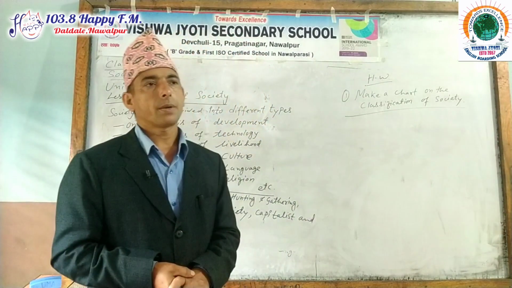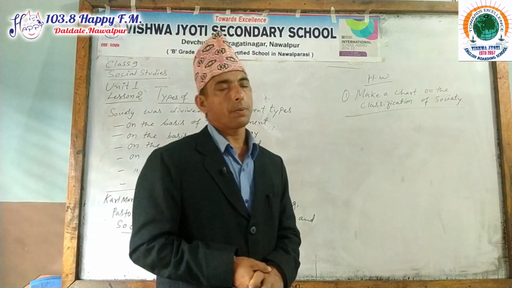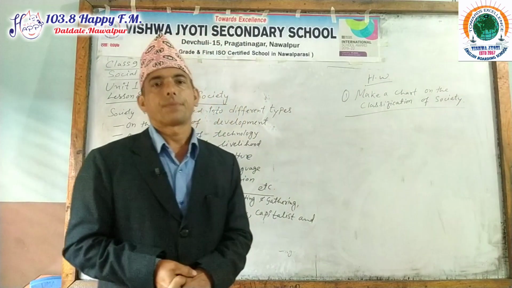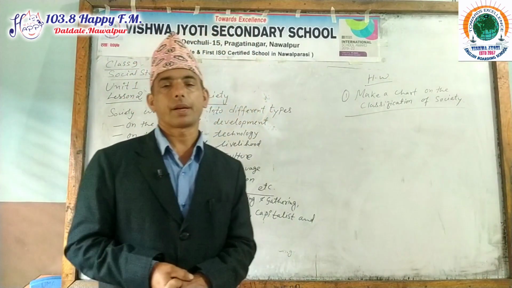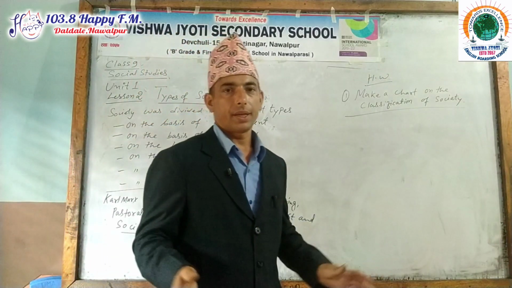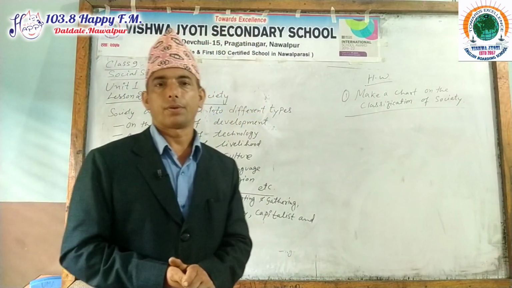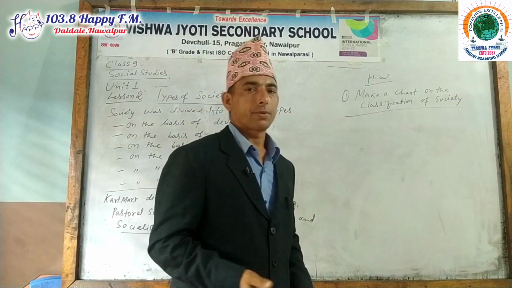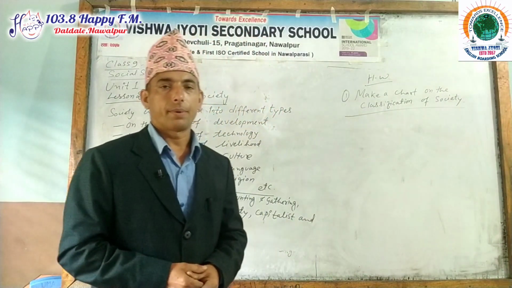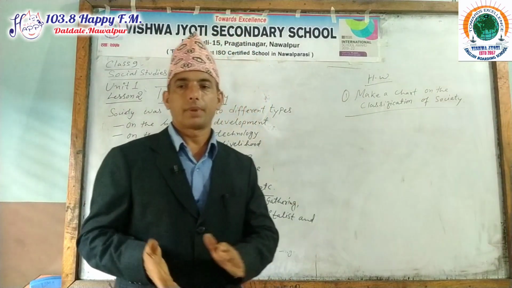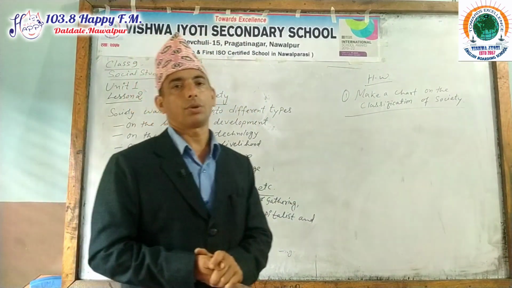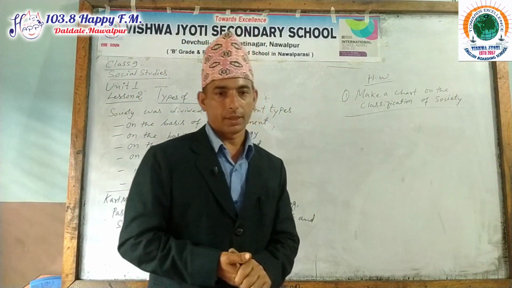Like this, in different parts of the world, according to climatic condition or land areas, there are fish industry, steel industry, gold mines, or different types of mines and plants developed, and people survive on that type of industry. That type of society is called industrial society.